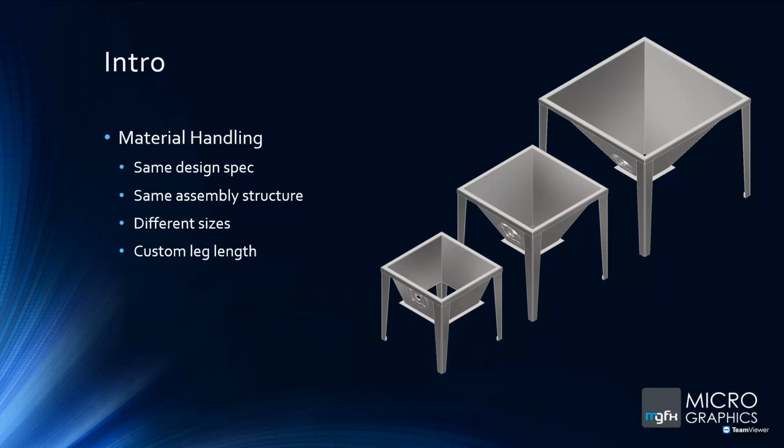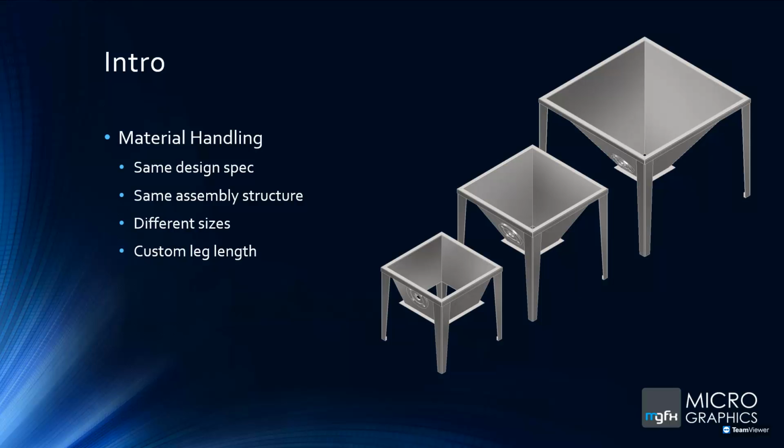They have the same spec, same material thickness. The leg design is the same for all of them. However, every time you sell it onto a customer, the customer may have a specific requirement. The legs might need to be shorter or longer. The opening at the top and at the bottom may need to be different sizes. So you have to still customize it to suit the customer's needs.